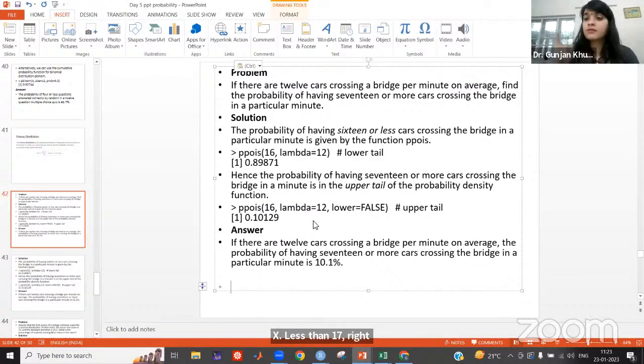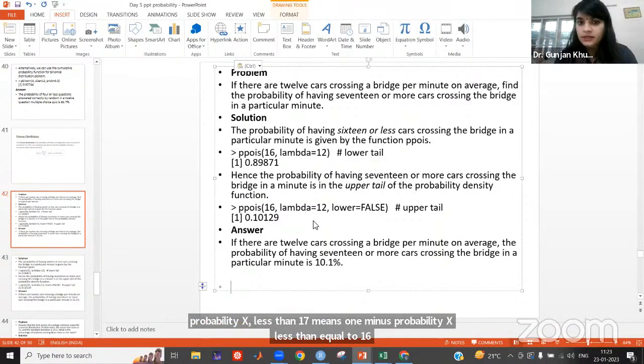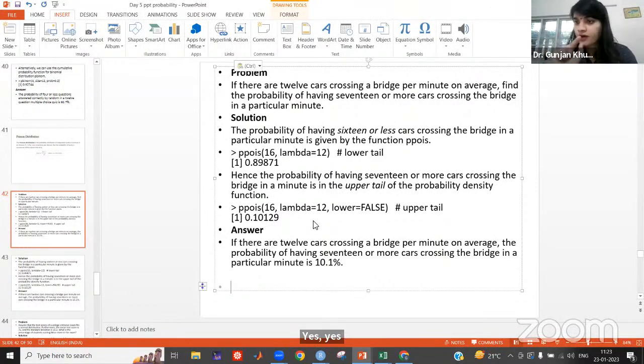So 1 minus probability X less than 17 means 1 minus probability X less than or equal to 16. So you will use 1 minus P pois, 16 comma the mean. Mean is lambda equal to 12.